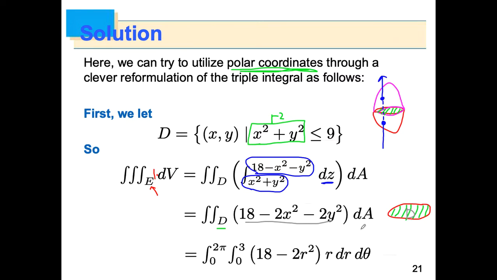And then, of course, dA becomes r dr d theta, not just dr d theta, but with the r in front of it. Don't forget that.